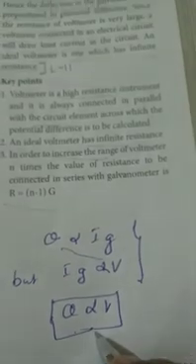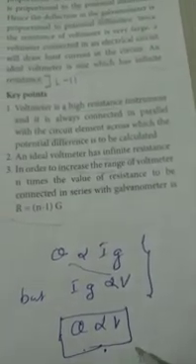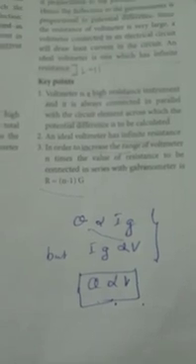Here the resistance of the voltmeter is very high. So when our voltmeter is connected in the electric circuit, it will draw only the least current in the circuit. So for an ideal voltmeter, it must possess infinite resistance.